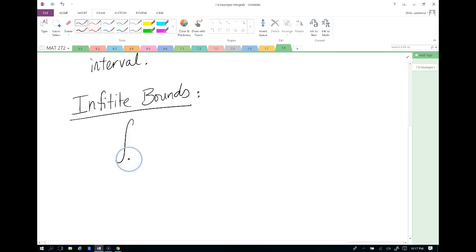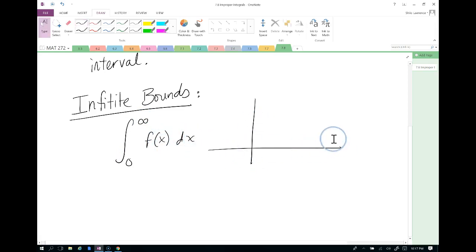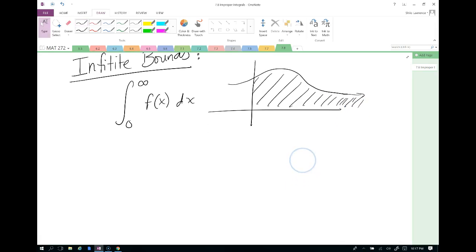So we could be asked to integrate from 0 to infinity f of x dx, which means I'm trying to figure out the area going forever that way.